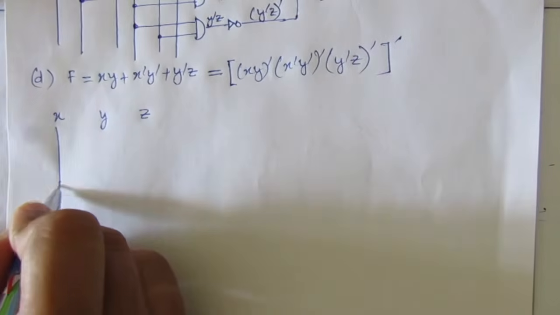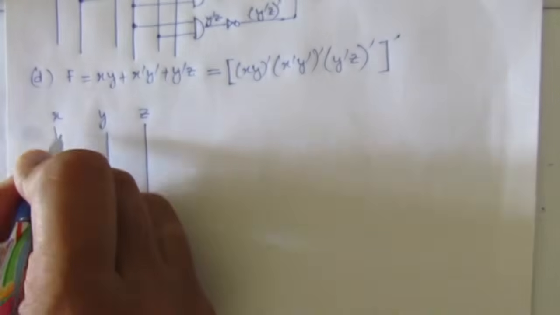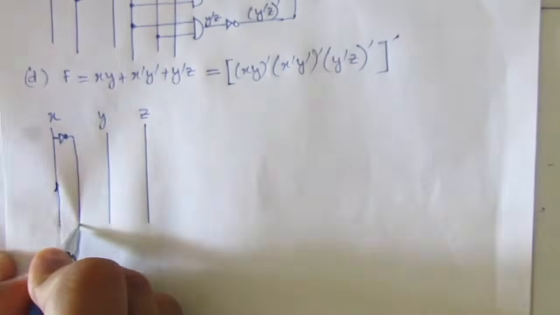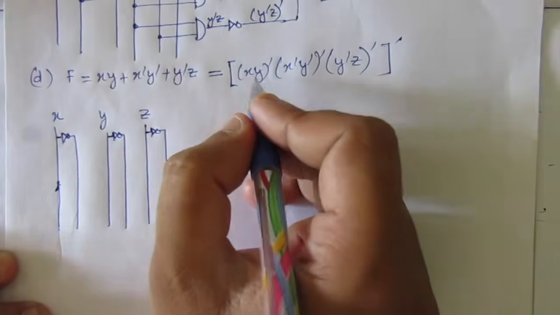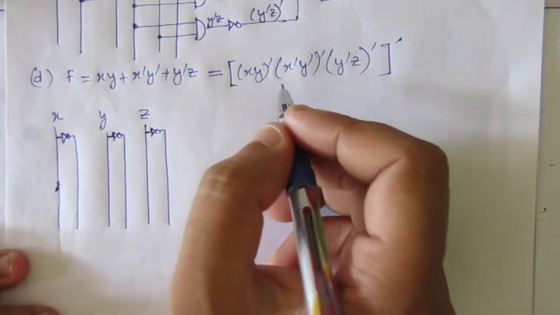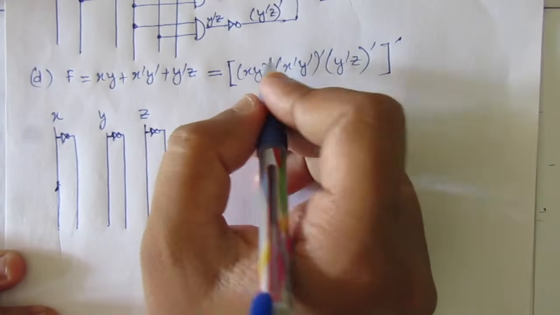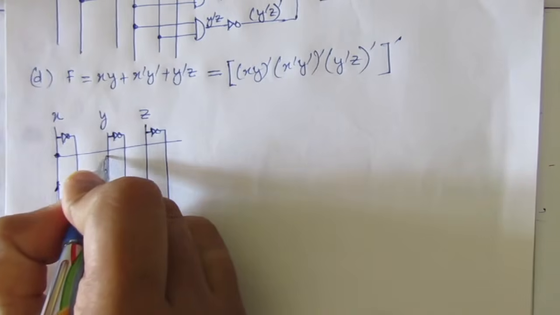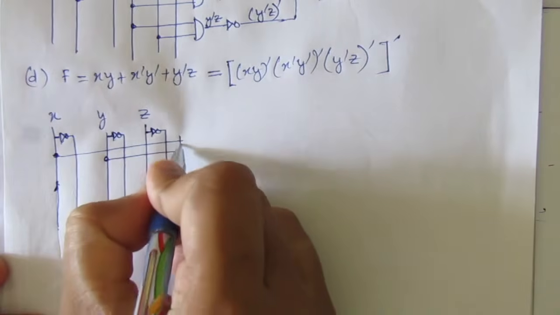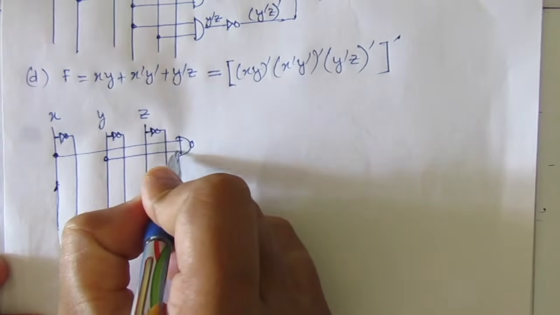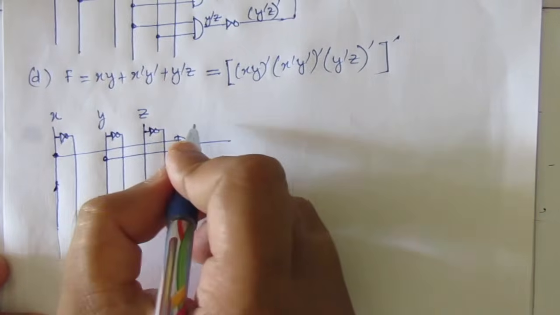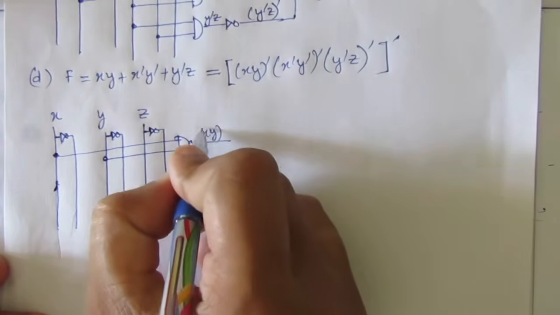These are the three input lines. We'll use inverters. So similar to the previous problem, we have (xy)', x, y, NAND gate. NAND gate is an AND gate with a bubble. Okay, so this is (xy)'.